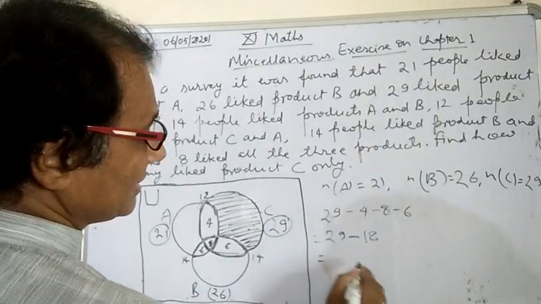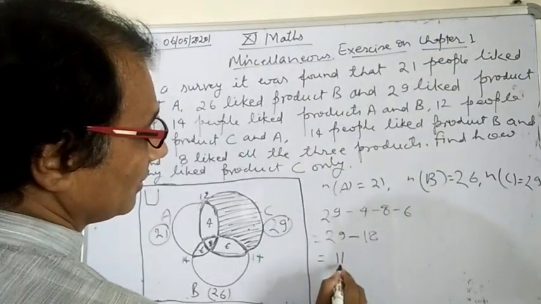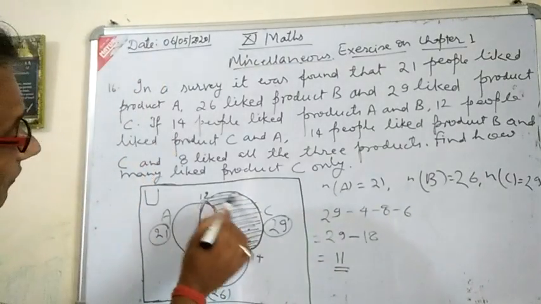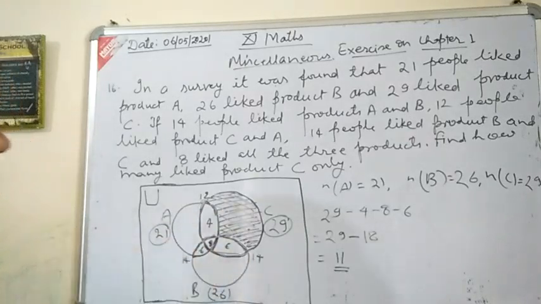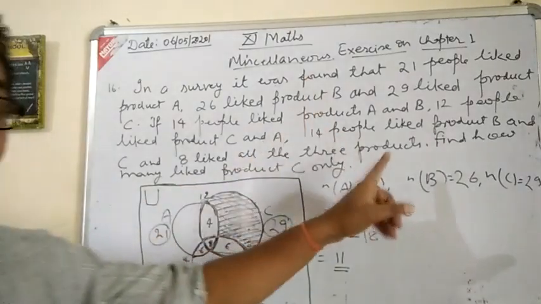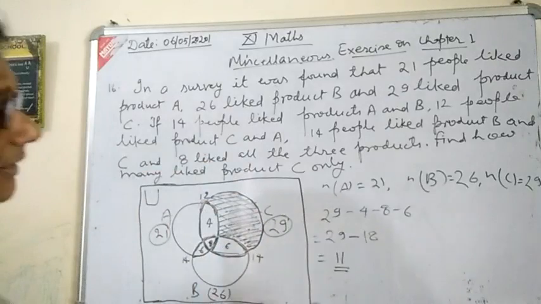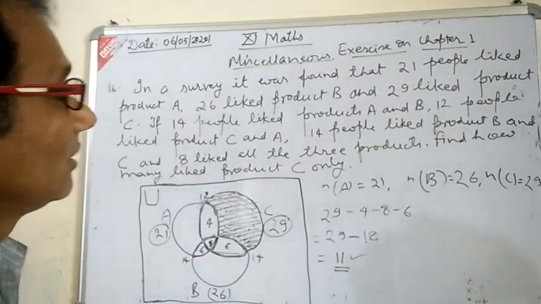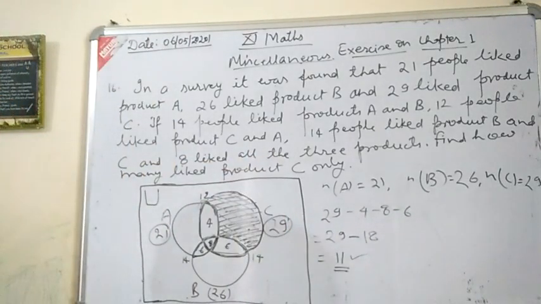And 29 minus 18 comes to 11. This means the value of this portion is 11, which shows that the number of people who like product C only is 11. So 11 must be the answer of this question.